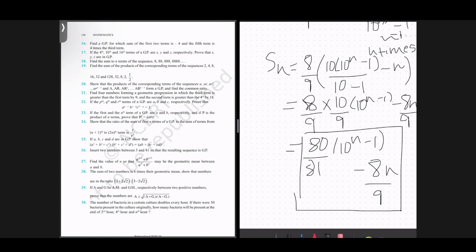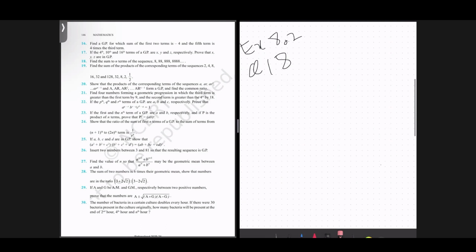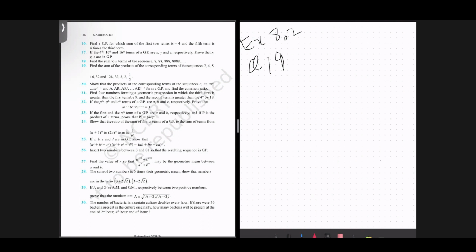Right. Moving on. We are going to now solve the 19th question. In the 19th question, we have been asked to find the sum of the products of the corresponding terms of the sequence 2, 4, 8, 16, 32 and 128, 32, 8, 2 and half. Right.